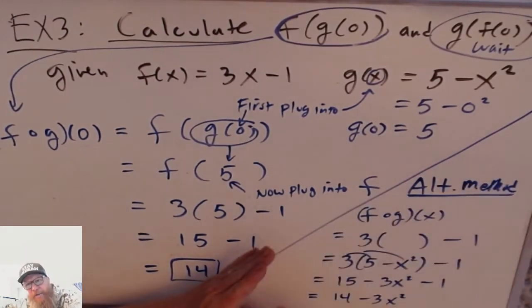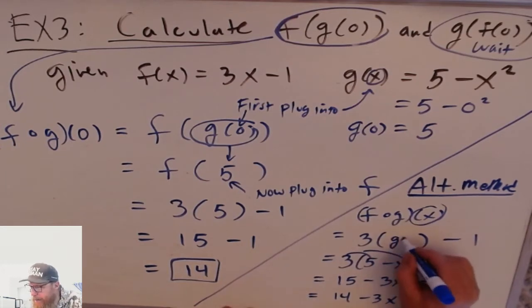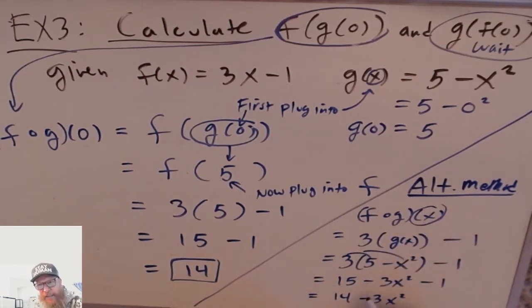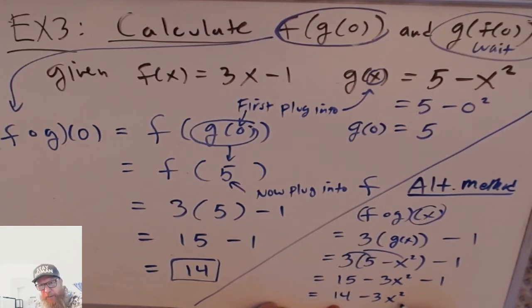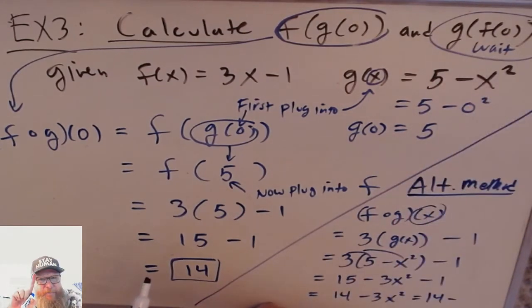So the alternative method is to keep the variable as X all the way down the road until you have a completely simplified answer, and then you can plug in only one time.